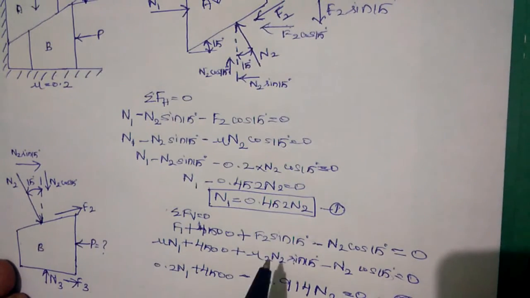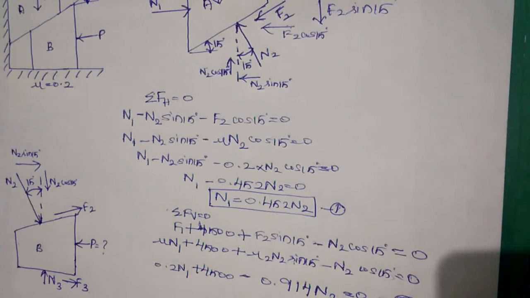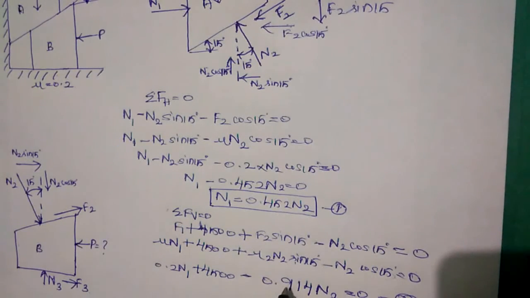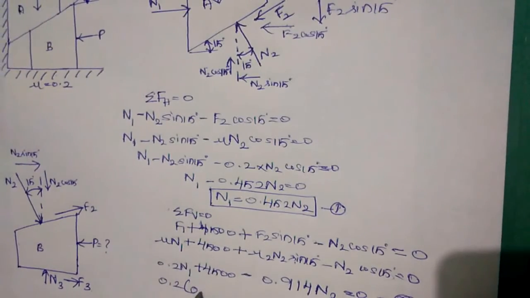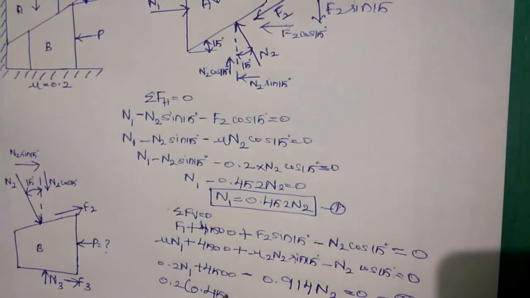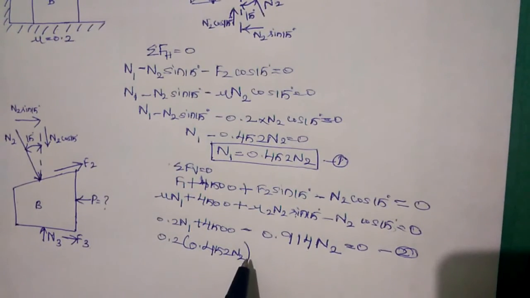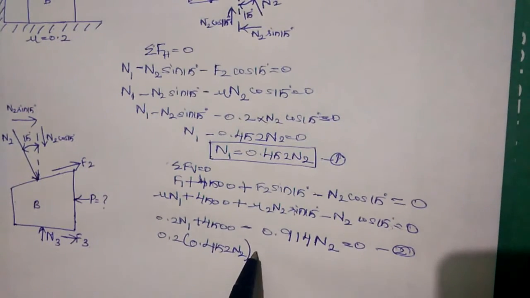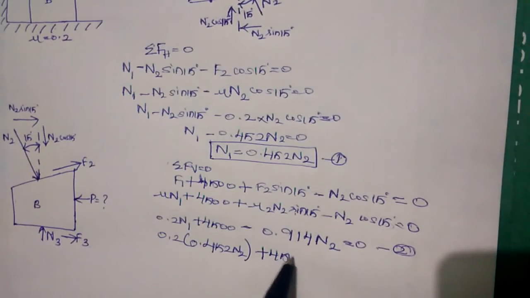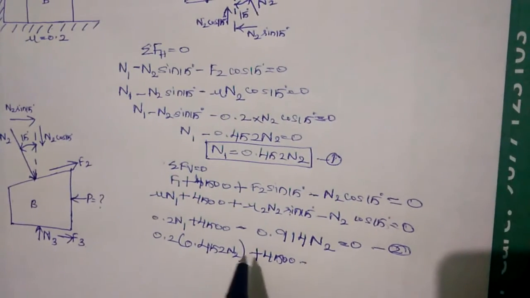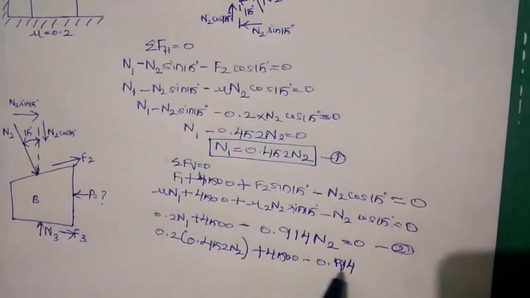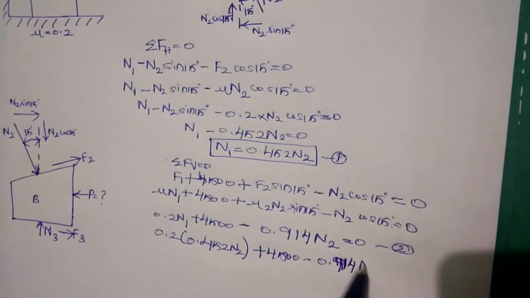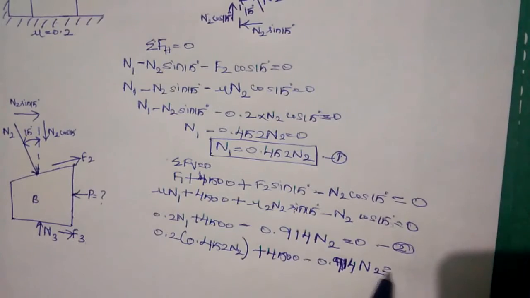Now substituting 1 in 2 gives 0.2 into N1, which can be written as 0.452 of N2, plus 4500 minus 0.914 N2 is equal to 0.